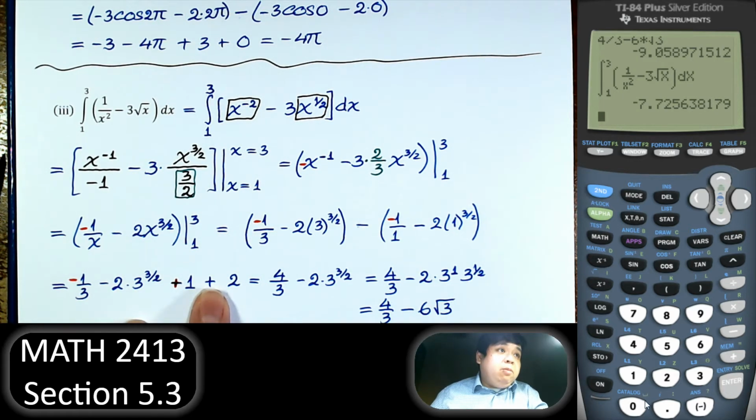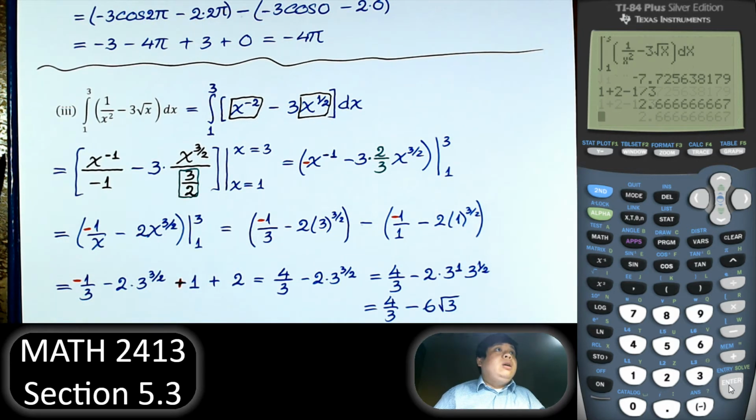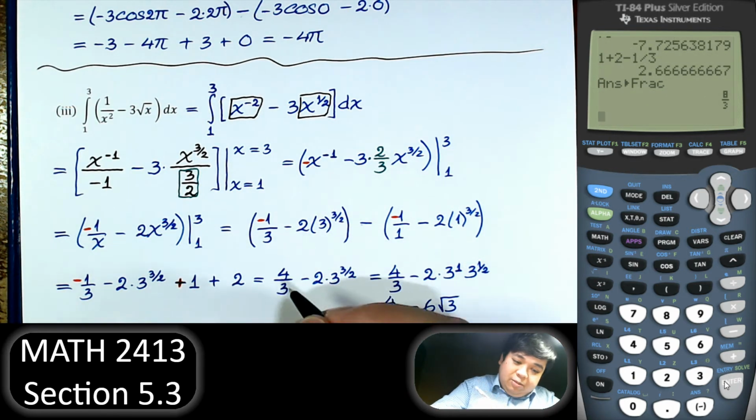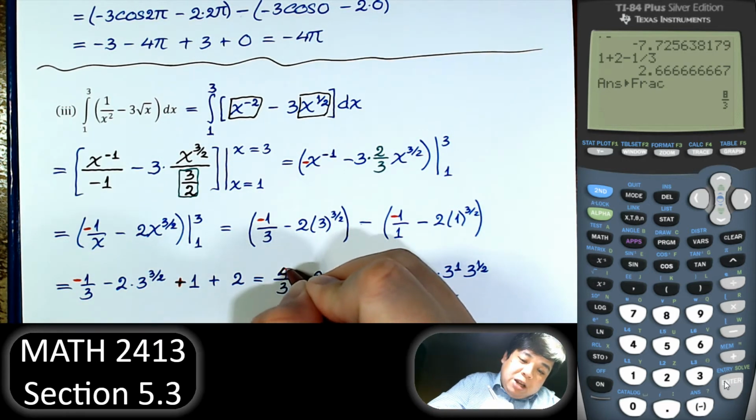1 and 1 plus 2 minus 1/3. So that is 8 over 3 instead. Yeah. So that's why we check the answer, right?